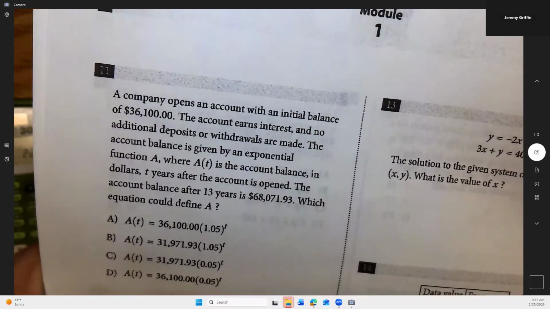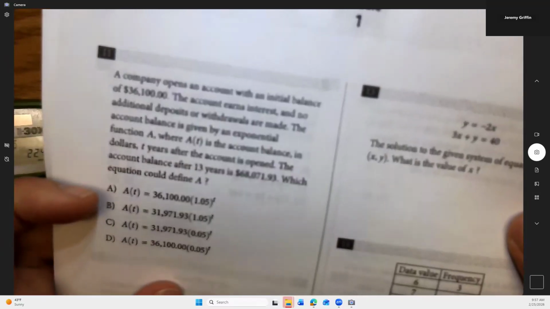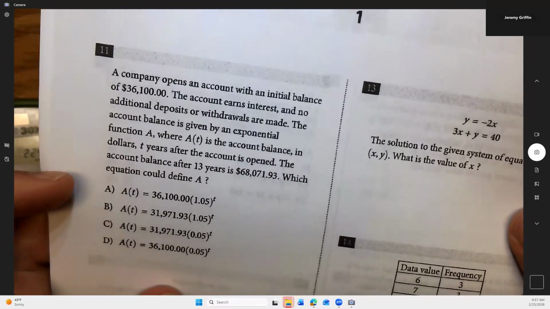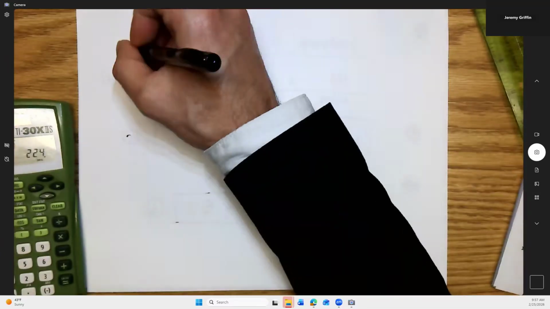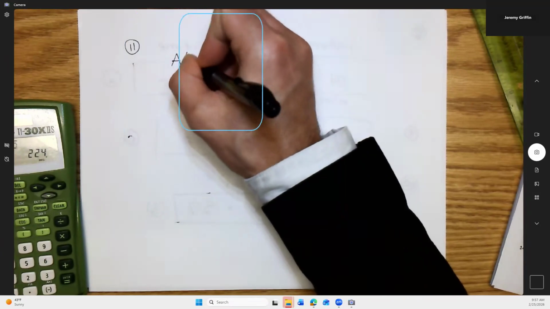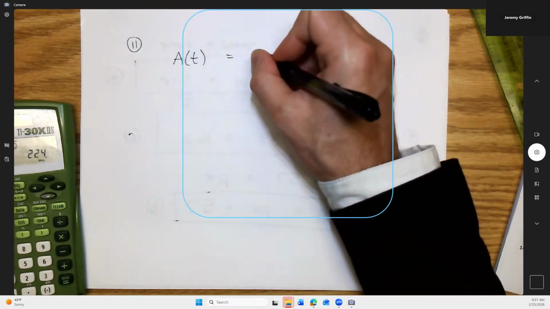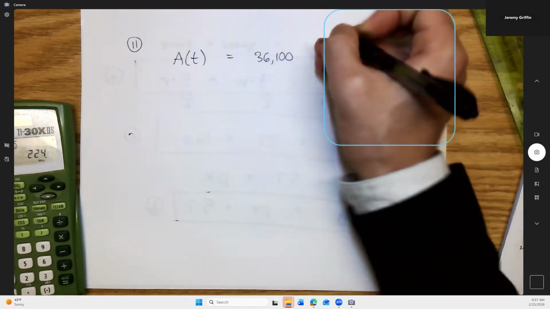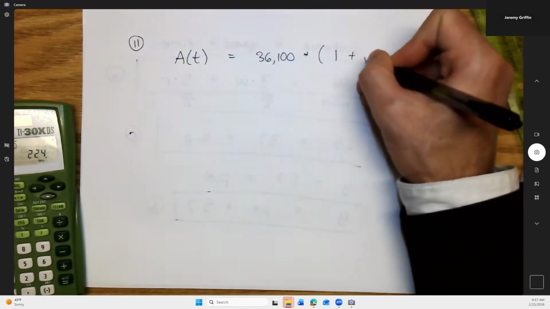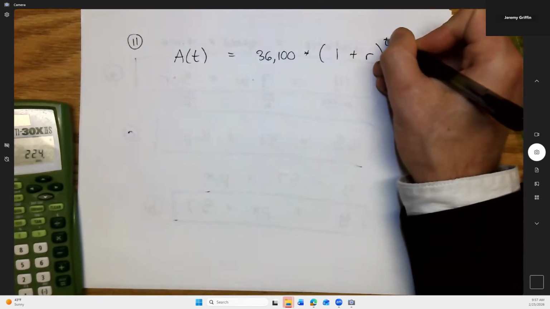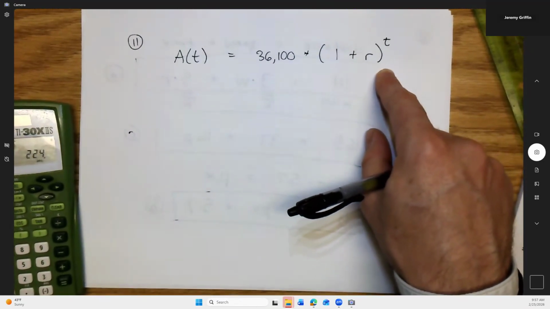After 13 years, the amount is $68,071, right? Which could define A of T. Right, so let's do our best here. So think A of T could be the principal amount, which they did say was $36,100, multiplied by, and remember how interest works, it goes 1 plus the interest rate R to the power T. Okay. And looking at the answer choices, it looks approximately like that.